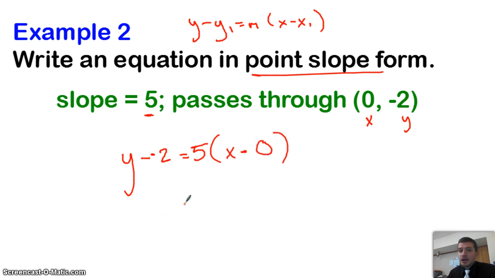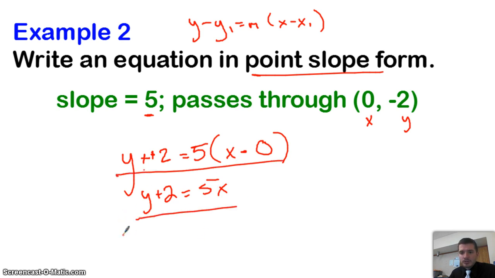There are a couple things I would expect you to do while you're simplifying. Obviously x minus 0 is just x. Also, minus a negative, you guys know, is plus a positive. So you would write y plus 2 equals 5x. Technically if you left it like this, you're right, but I want you to do the simplification. It's easy. You guys can do it. Let's keep going.